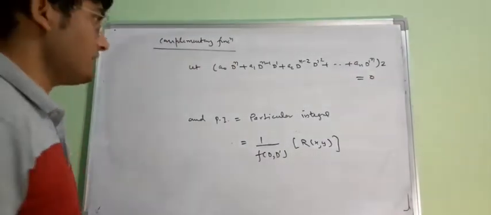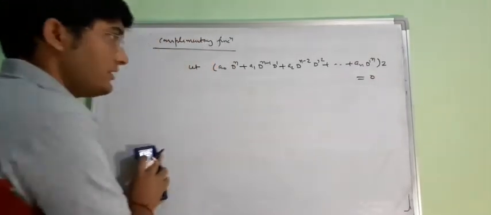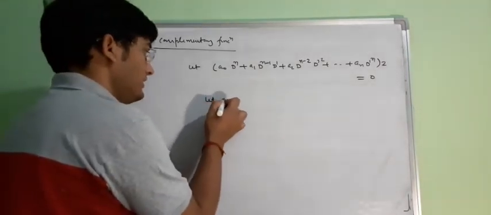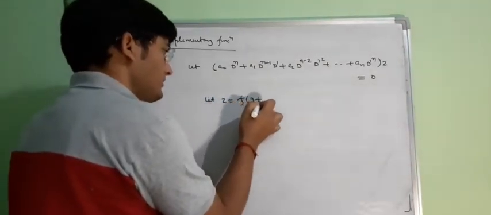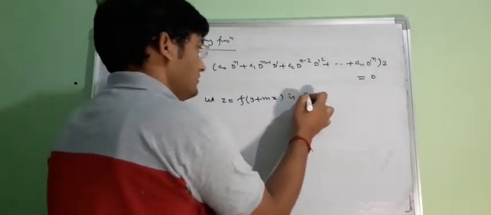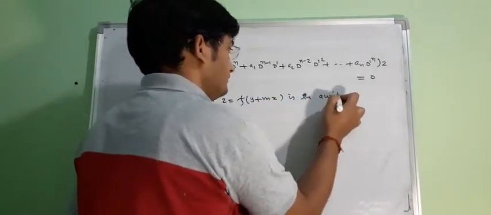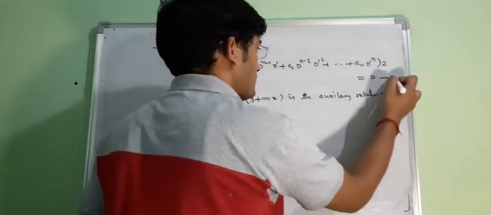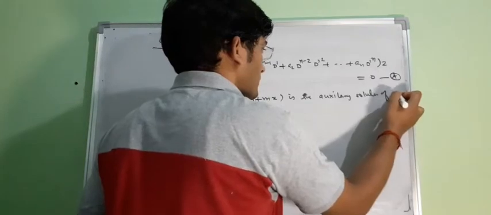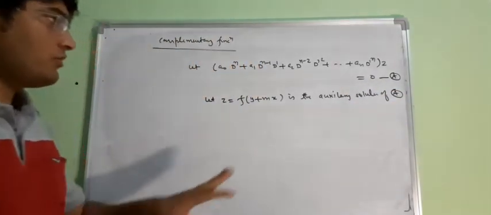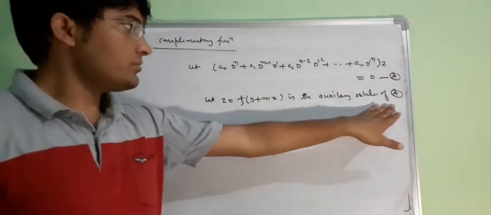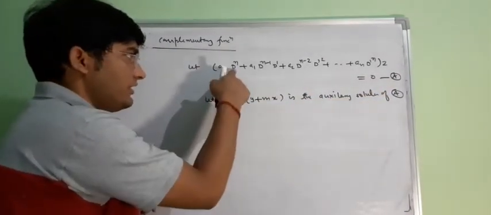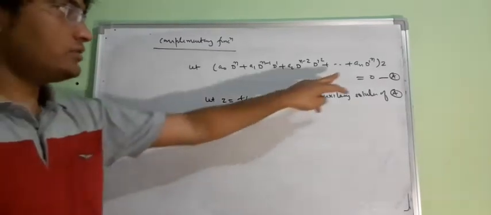That means our right hand side is 0. Let us suppose that z equal to some function f of y plus mx is the auxiliary solution of this equation, say a. Then we have to find out its nth derivative.